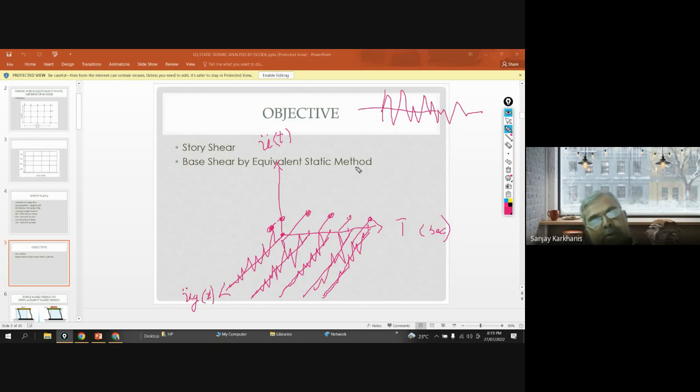Right? And then I will draw the graph, something like this, connecting all points. So this is called the response spectra.